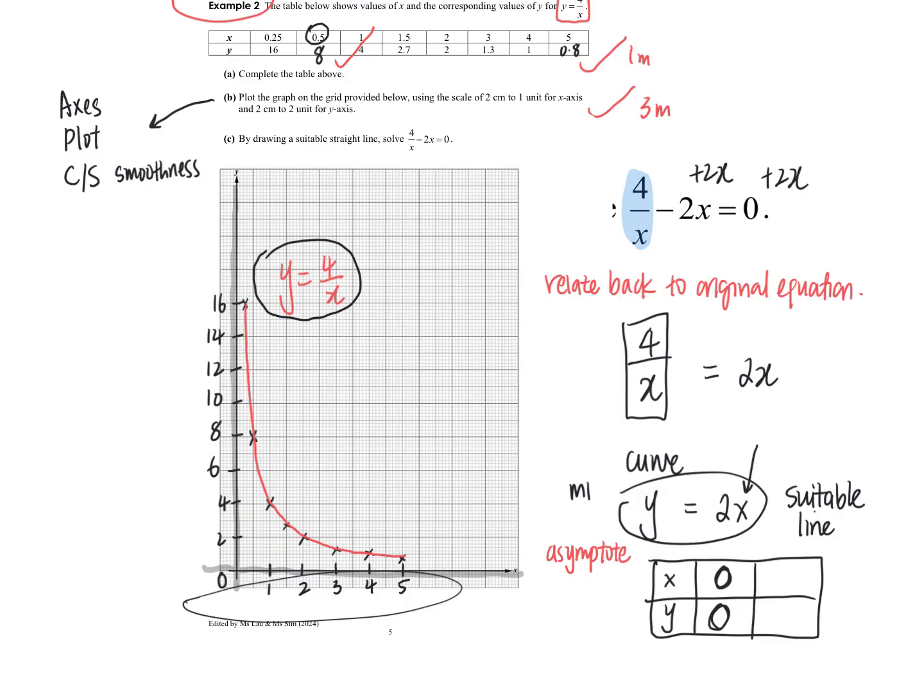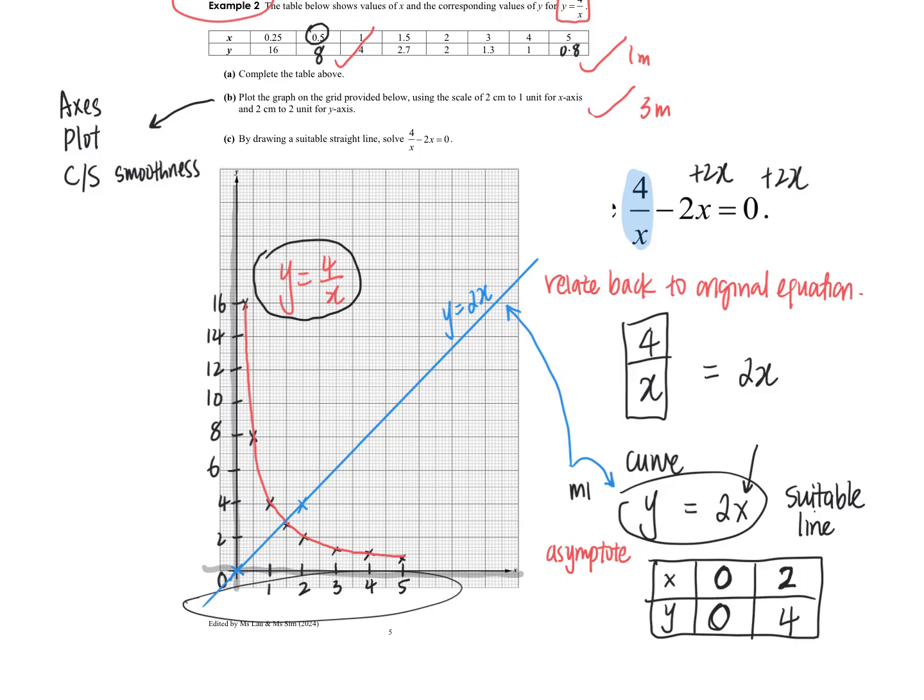The other one, maybe I just sub in 2, so I will get 4. So I just have to plot out these 2 points, 0, 0, and 2, 4. And then I will draw that line out. So this is the equation that says y equals 2x. Once you draw this, you will get the mark.